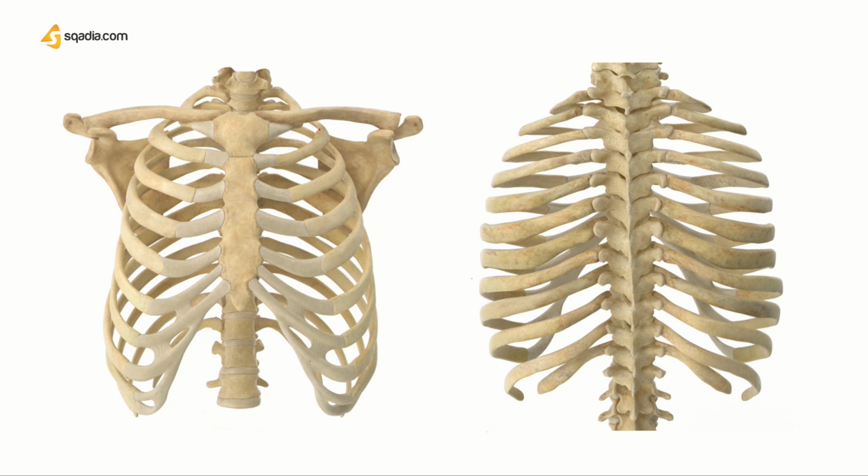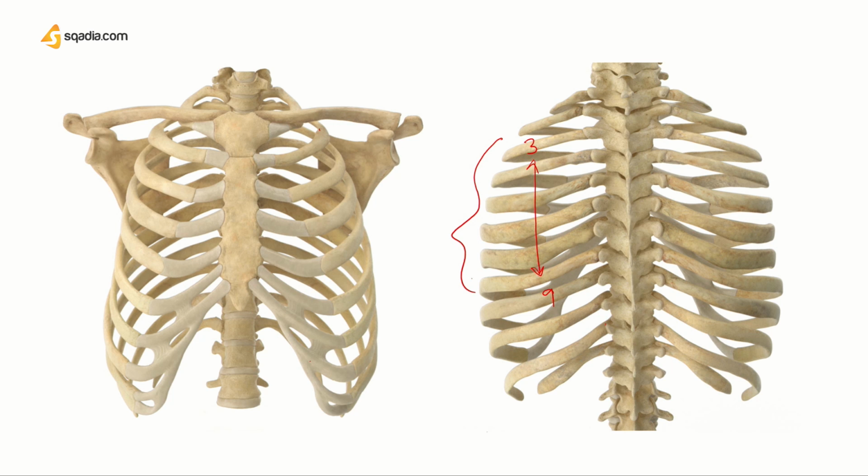When we talk about their anatomical structure, we want to understand that ribs 3 all the way down to rib number 9 are called typical ribs because their structure is pretty standard and they have similar features. The rest of the ribs are ribs 1, 10, 11, and 12.